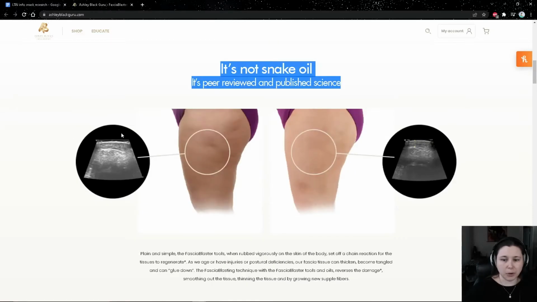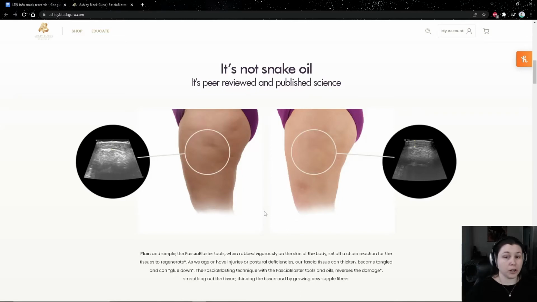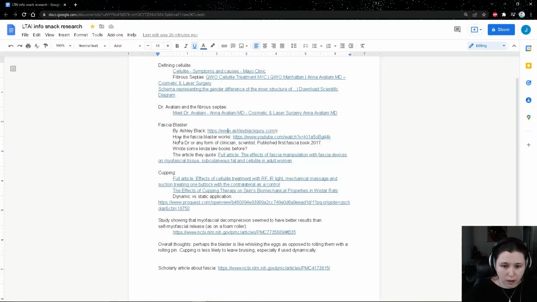But there's no disclaimer on this image. There's nothing to confirm that it was taken from that leg. There's nothing to say this is a representation and not from that leg. But here's an example of what we're talking about. I don't know.